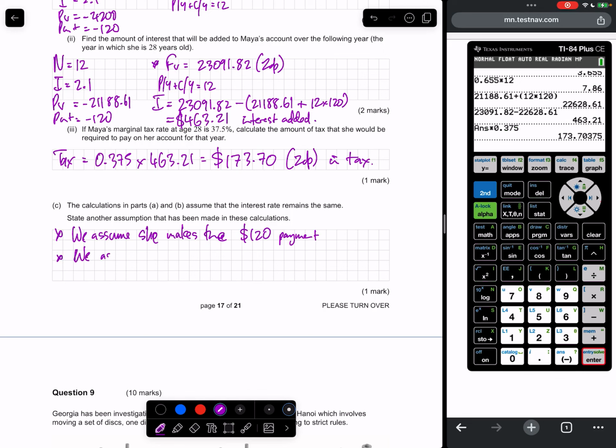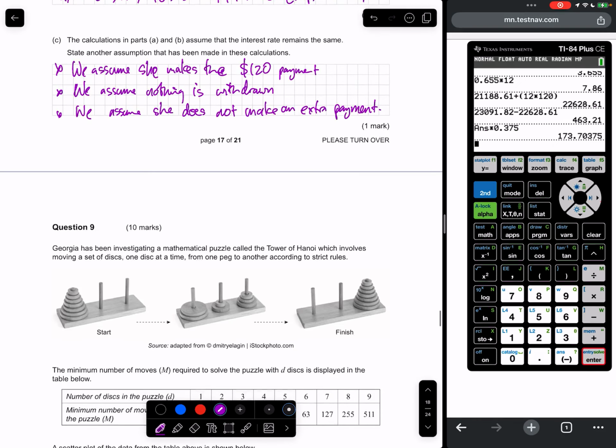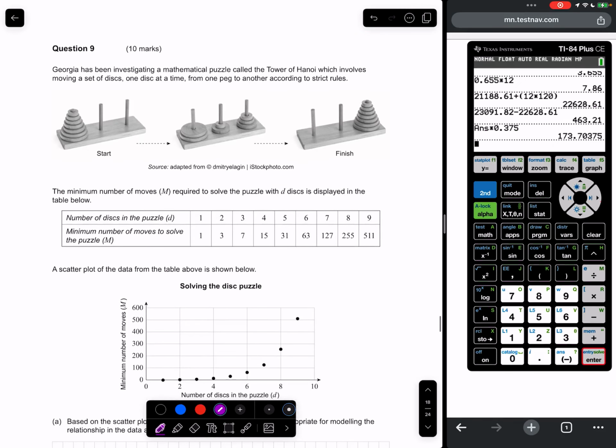We assume nothing is withdrawn. We assume she does not make an extra payment. Any of those, 1 mark.